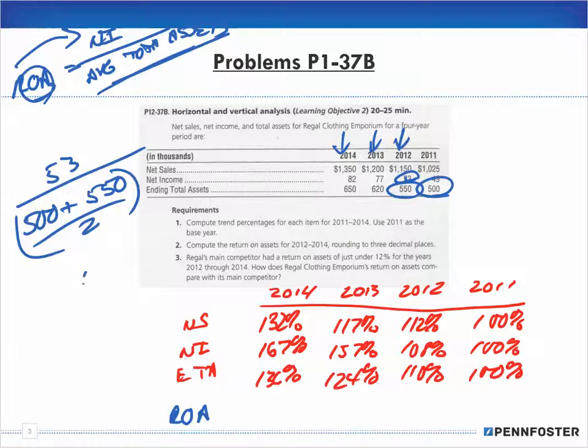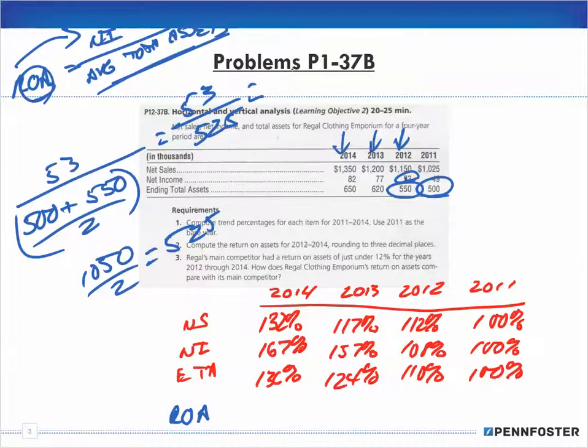That's 1050 over 2, which is 525. So 53 divided by 525 gives me 10.1%. Pause the video because I'm going to erase this.